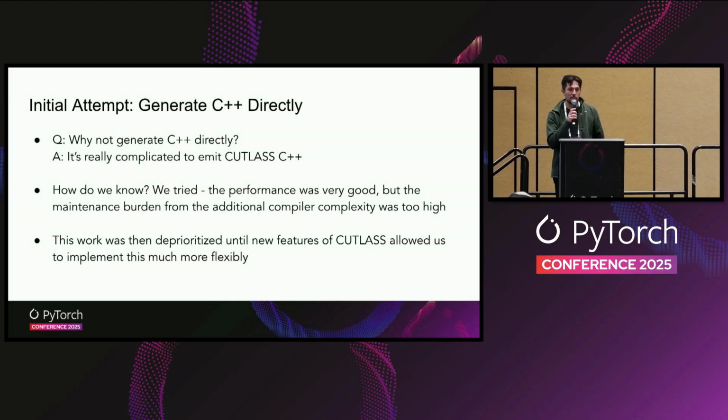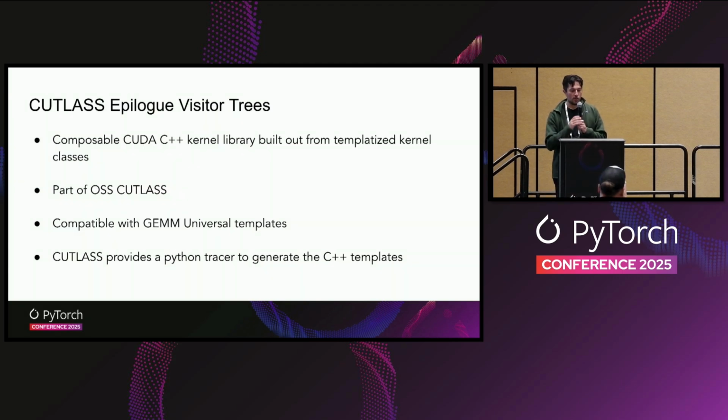Some of the features that CUTLASS added were the Epilogue Visitor Tree API and a Python tracer. This allows us to drastically reduce the complexity of the compiler while generating the C++. Epilogue Visitor Trees are a composable CUDA kernel library.